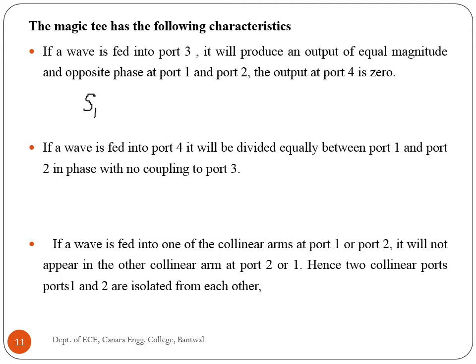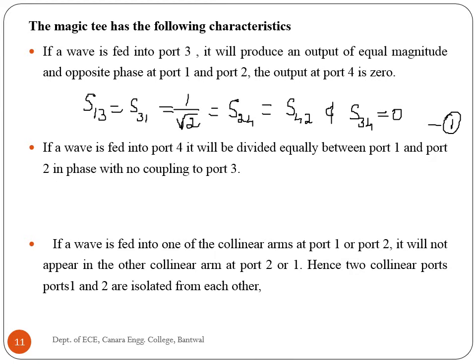Thus, S13 is equal to S31, which is equal to 1 by root 2, which is equal to S24, which is equal to S42, and S34 is equal to 0.